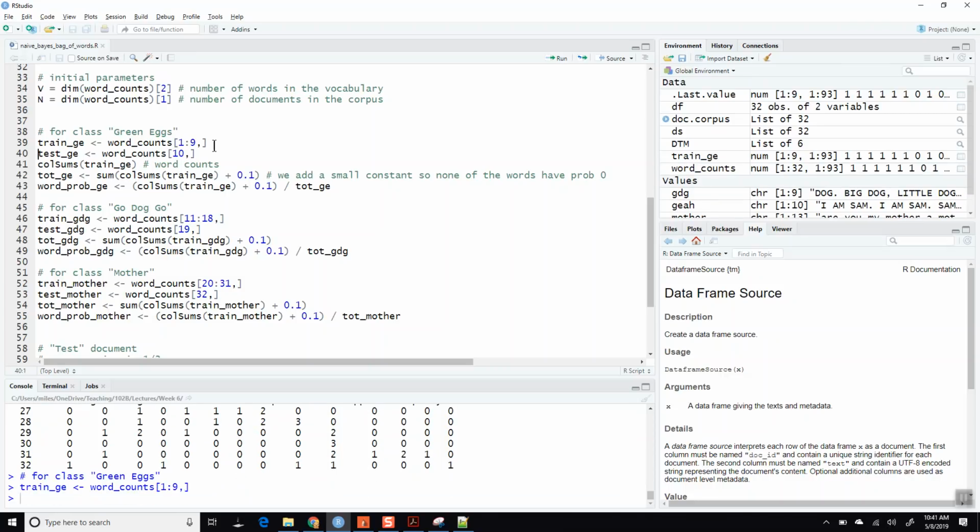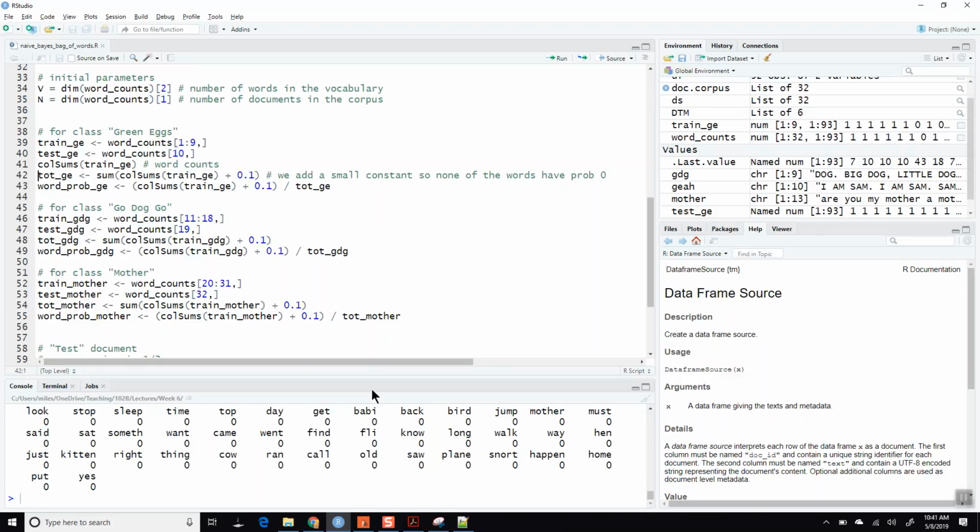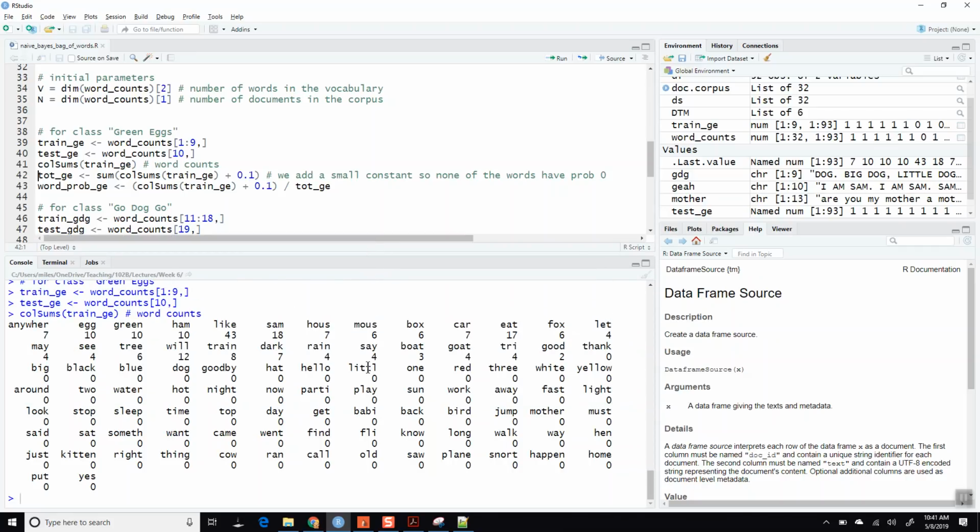I broke Green Eggs and Ham into 10 chunks, and I'm going to take the first 9 as the training, and then we'll use the 10th one as the test. Okay, and so to get the likelihoods, I'm going to look at the column sums of the documents that appear in our 9 training cases.